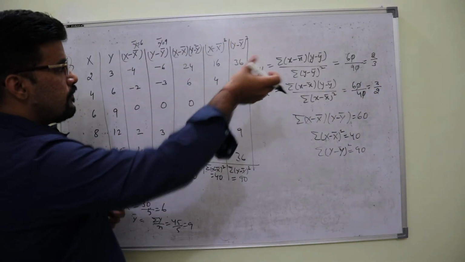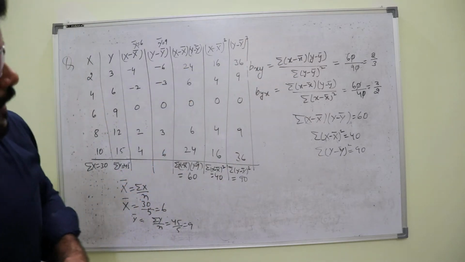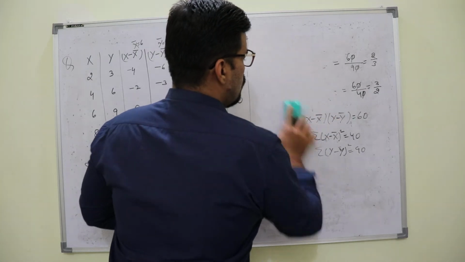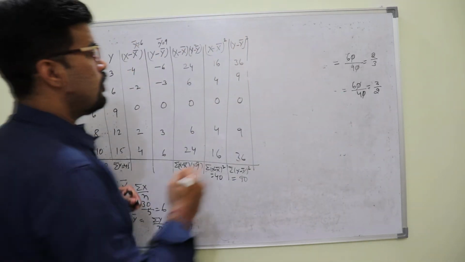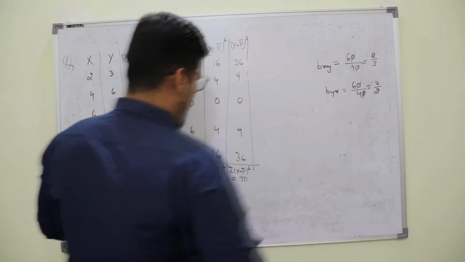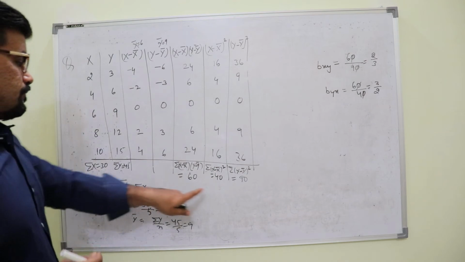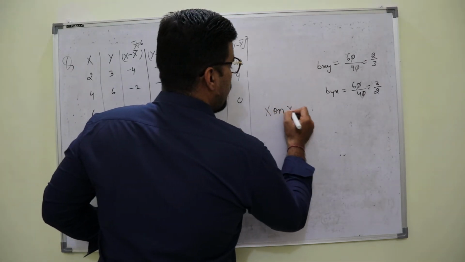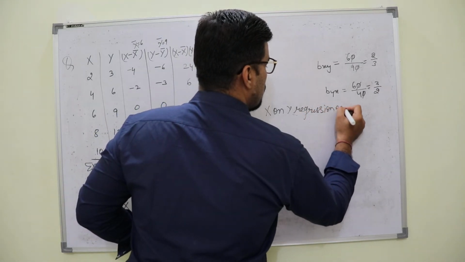Now we just need to put this bxy and byx into the formula. I hope you have written down the two regression equations. So this was our bxy and this is our byx. Now the x on y regression equation.